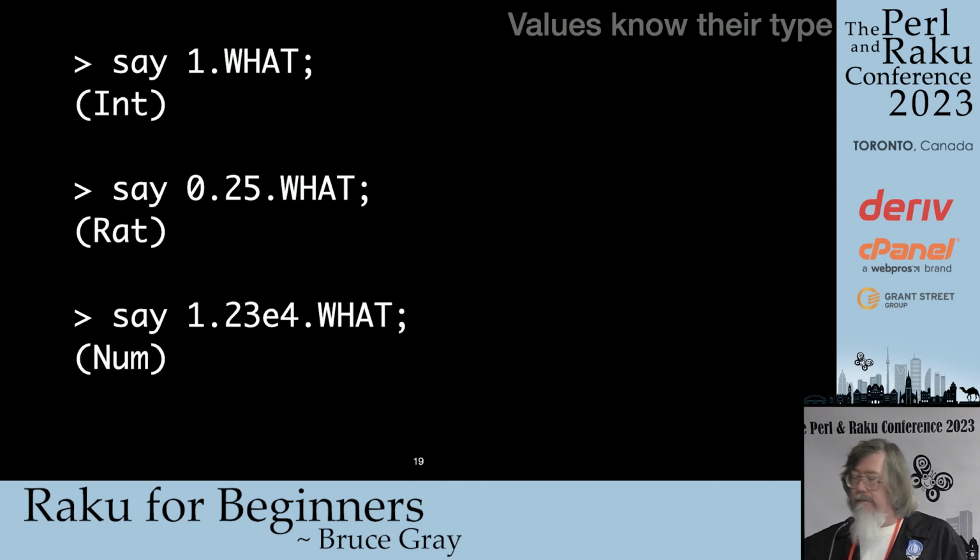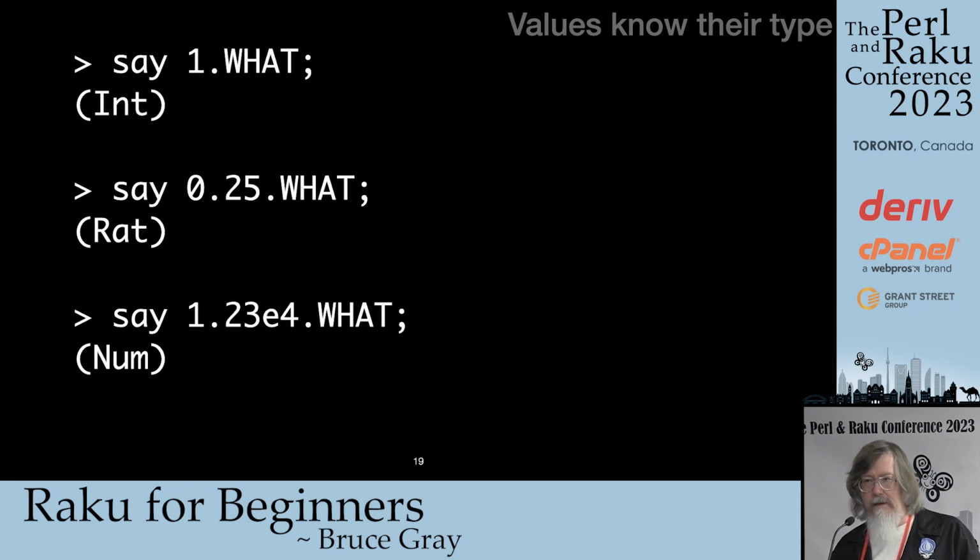But if you're doing something like .what and then comparing that to int, then that's probably not what you should do. You should smart match to int, for example, to find out if something's an integer. So these are the official type names: int, rat, and num for integer, rational, and floating point.